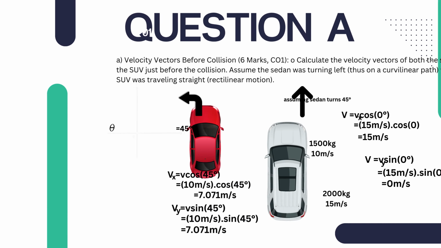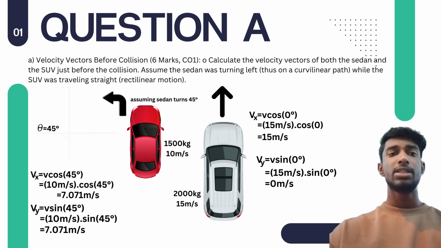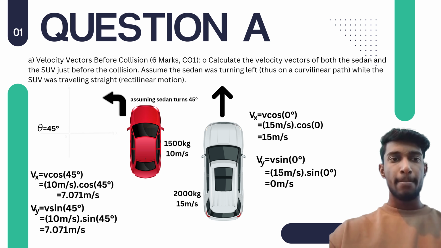In question A, we determine the velocity vectors of the sedan and SUV just before the collision. For the sedan, assuming it turns left at a 45-degree angle, the velocity components are: velocity x is 10 times cos 45, which gives us 7.07 meters per second.